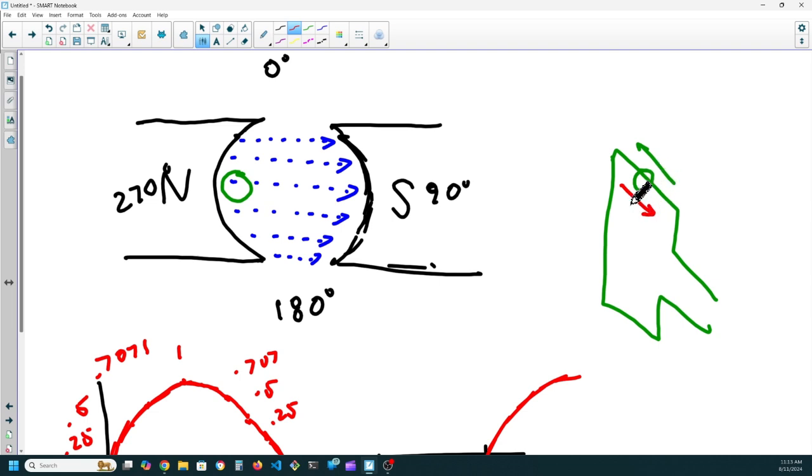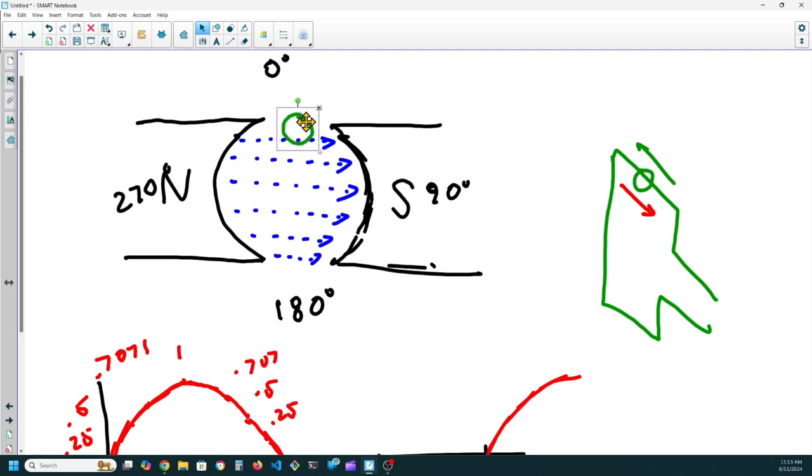So positive, negative. In that same conductor, the electrons actually stop and they move in the opposite direction as this conductor continues to rotate around inside this magnetic flux.